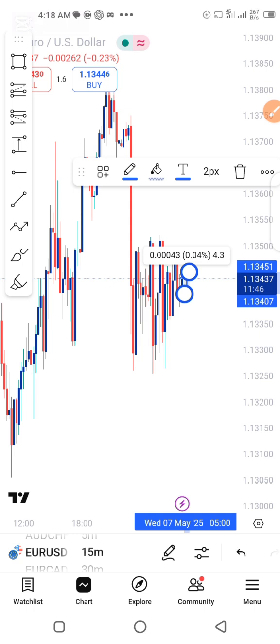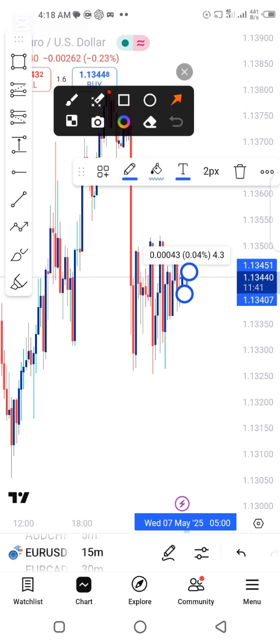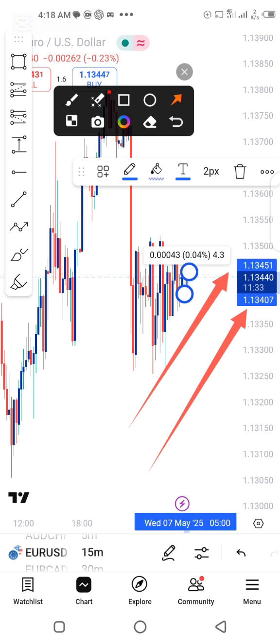If you watch very well, you will see that I started from here, then take it over to here. You can see that I started from 1.13407 to 1.13451.